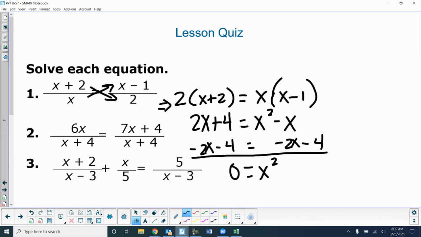X squared, negative 1x minus 2x is a negative 3x minus 4. What are the factors of negative 4 that will add up to negative 3? Negative 4 and a positive 1. Right.